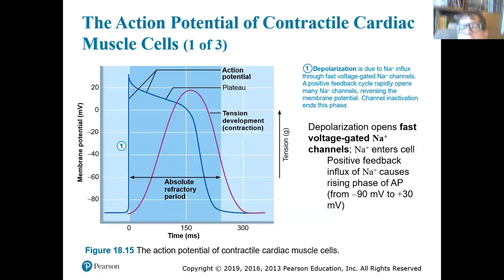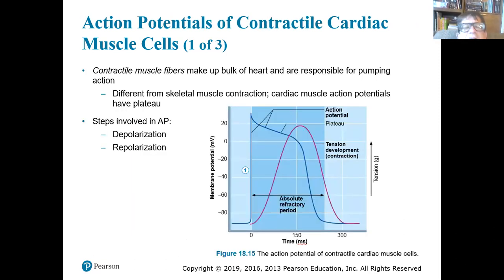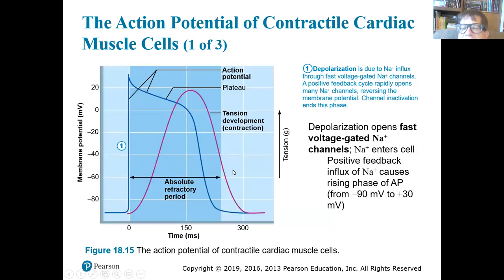All right, so what's actually happening? If we have depolarization, we're opening fast voltage gated sodium channels. In other words, we're acting like a nerve. Remember I told you we had those slow sodium channels that leak? All true. But that was in the self-excitatory cells. We're now talking about the contractile cells, see? They don't have the leaky channels, they only have the fast channels.